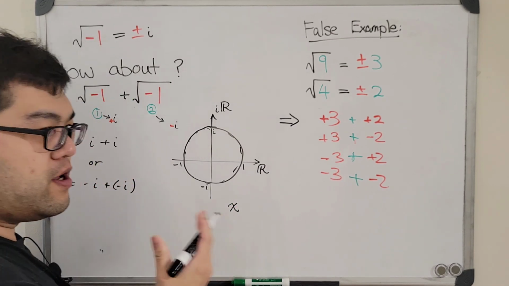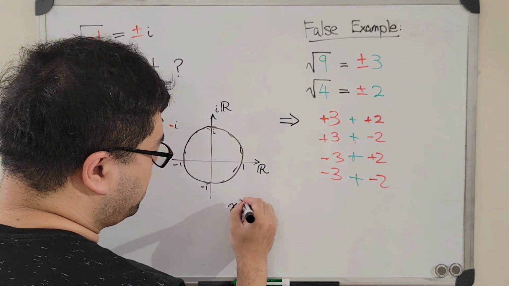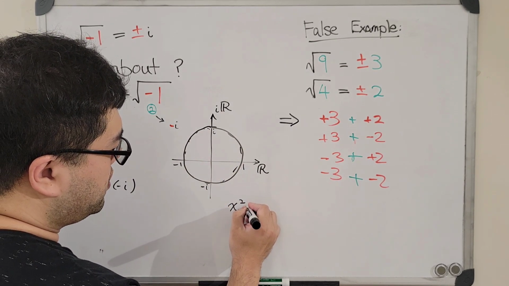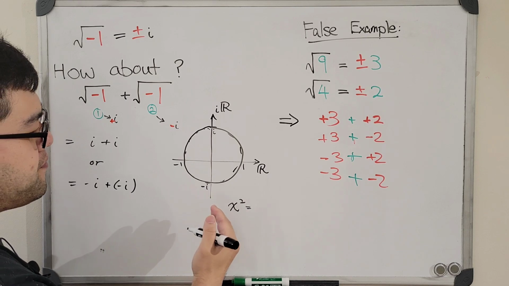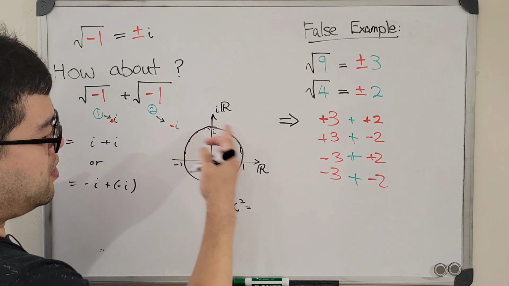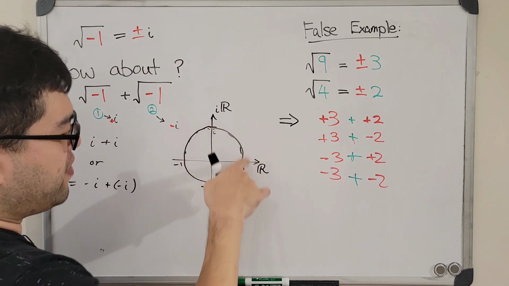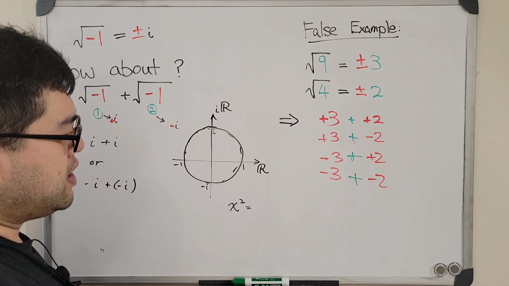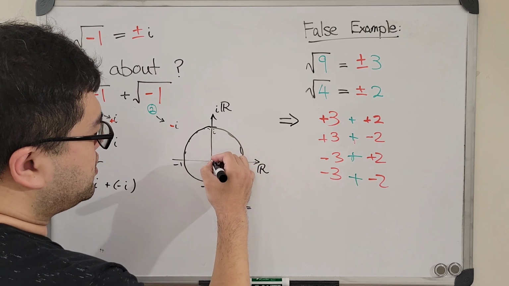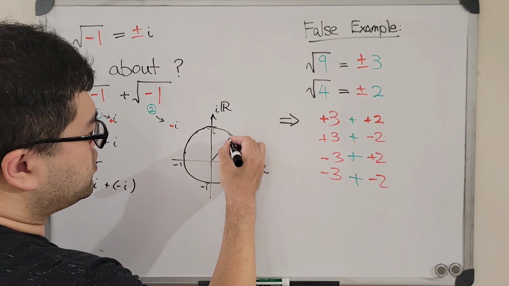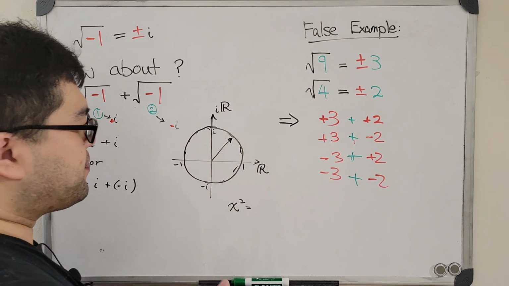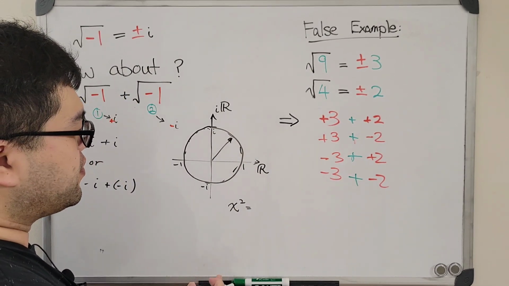If we have the square of some value on the circle, it is actually equal to some value on this circle still. And again, that is because the radius is 1. So if we square this value, the radius still remains the same. And that's why we choose a unit circle anyway.